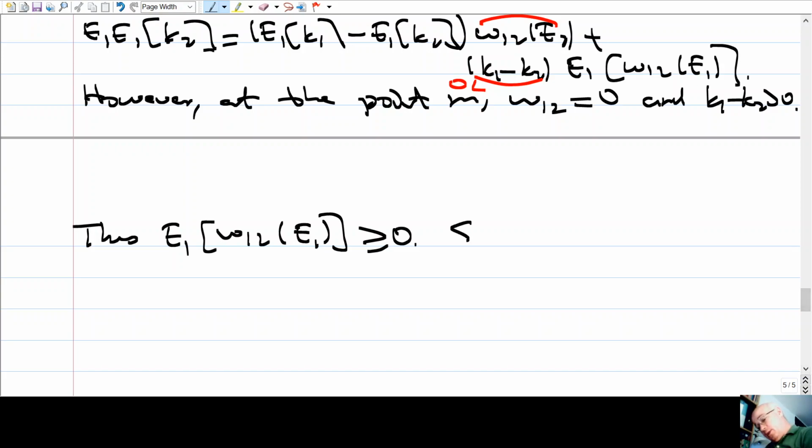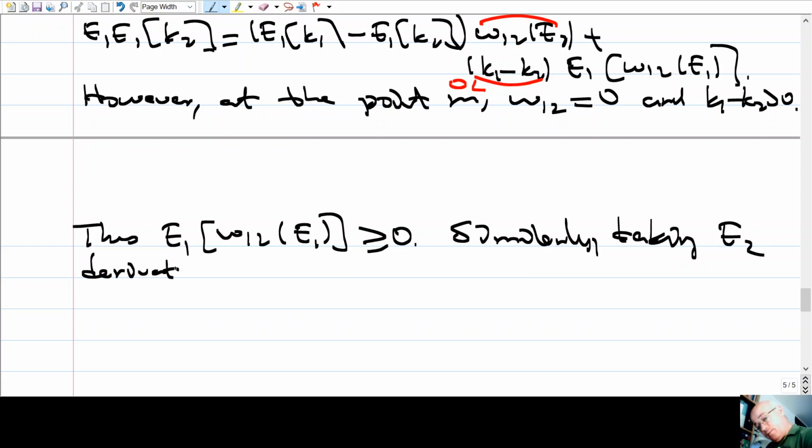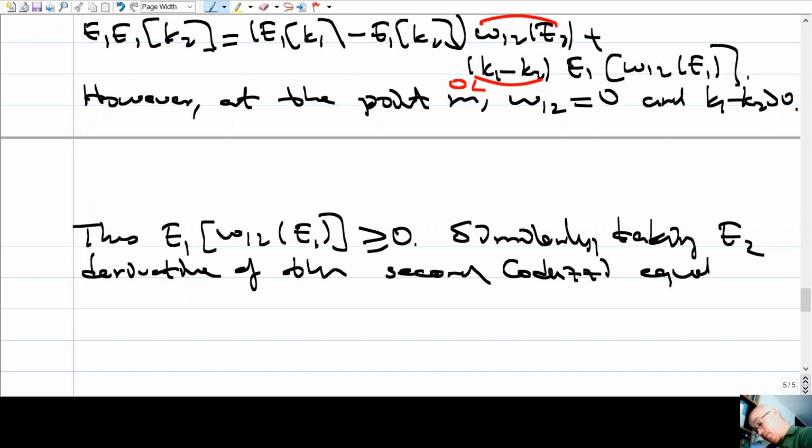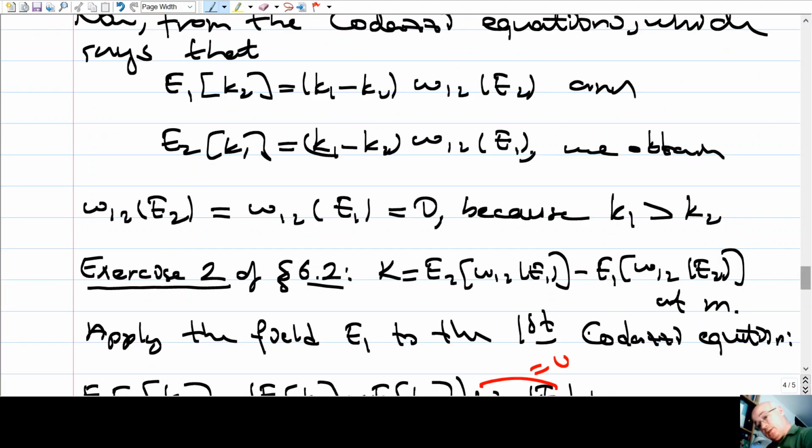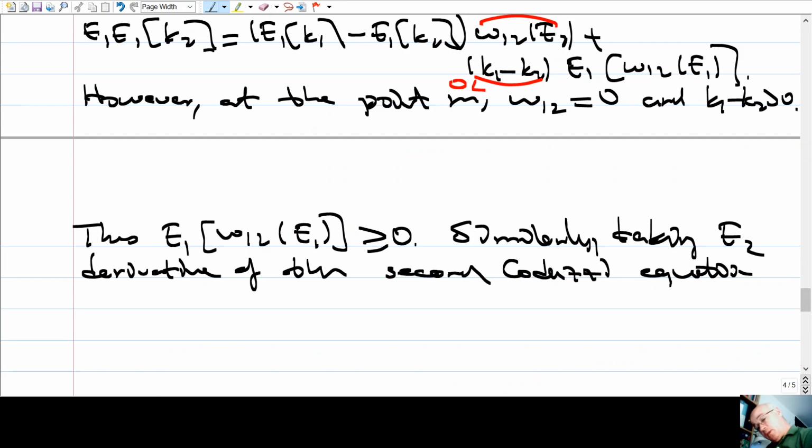Similarly, taking the E2 derivative of the second Codazzi equation, which is this thing, we obtain, by similar consideration, the following.